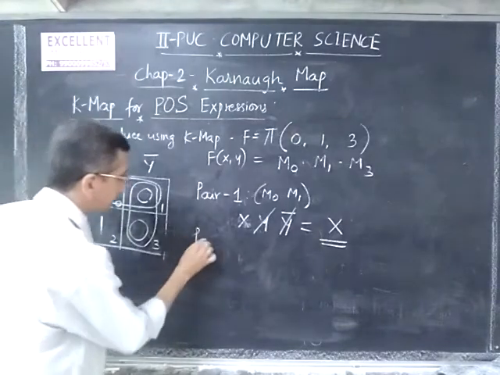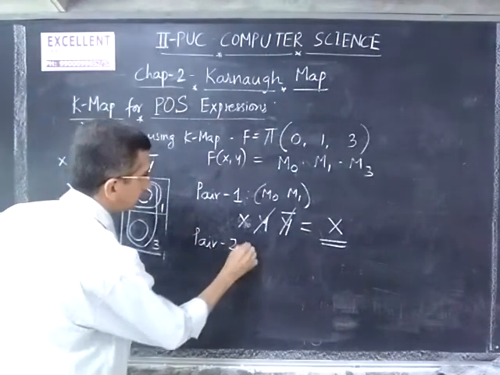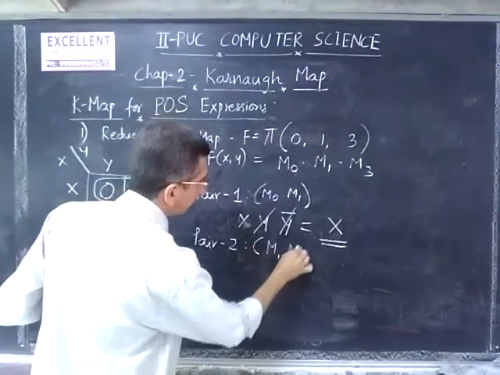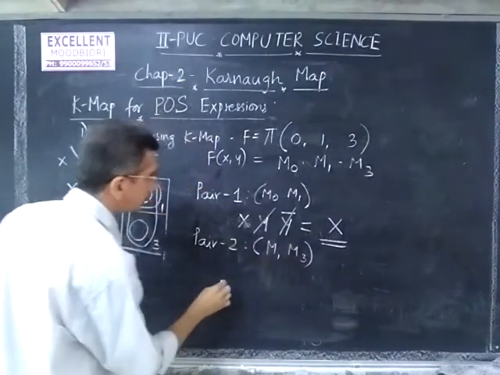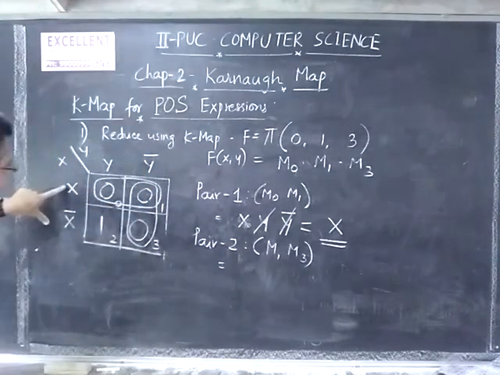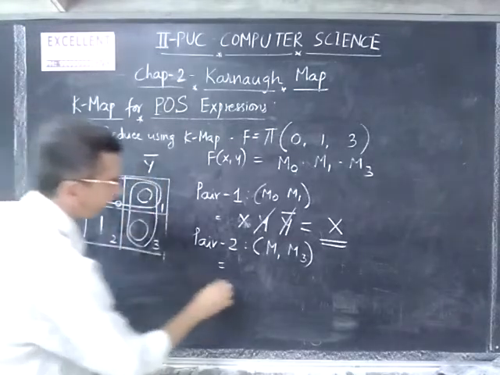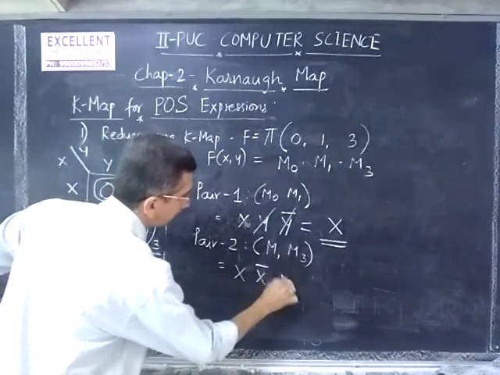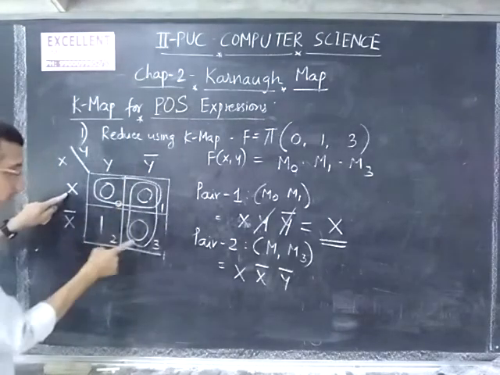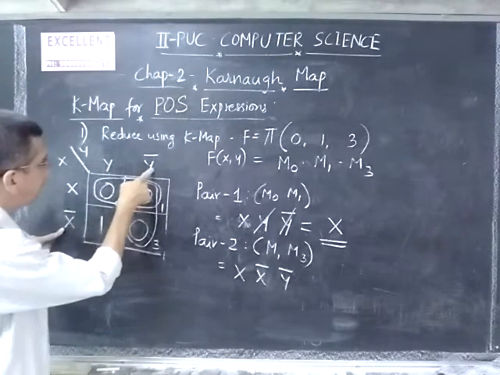Next, pair 2. This is M1 and M3. So corresponding to x and x bar and y bar. X bar and y bar. So for this x and y bar. For this one also you can write x bar and y bar.